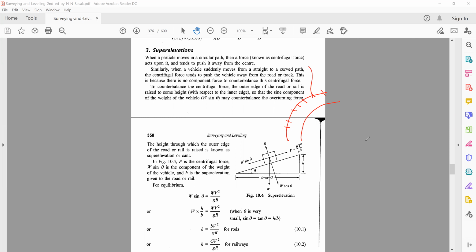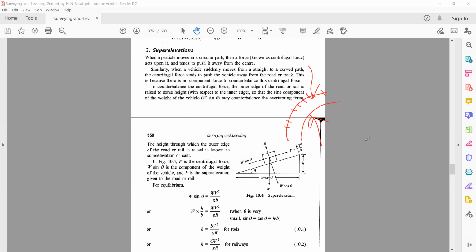So this end would be at a higher elevation and this end would be at a lower elevation. This is called super elevation and it is done to counterbalance the centrifugal force. So the more the elevation of the outer end, the lesser the chances that any vehicle can turn over.